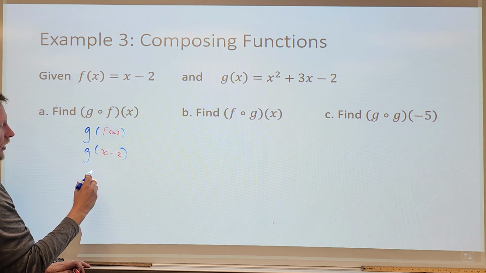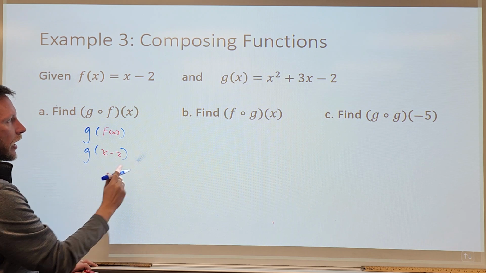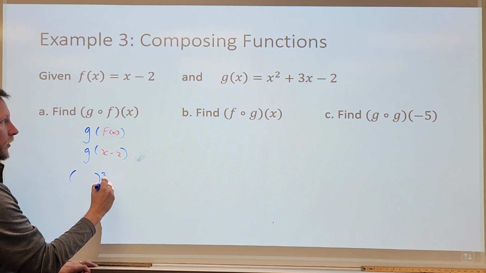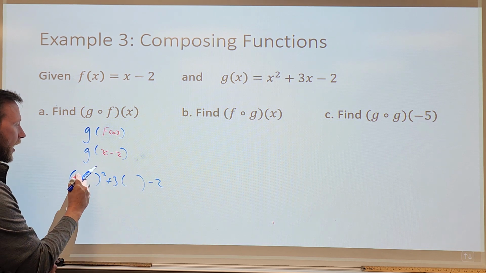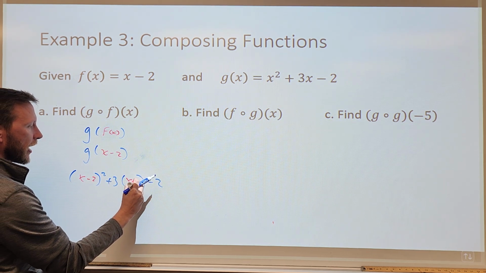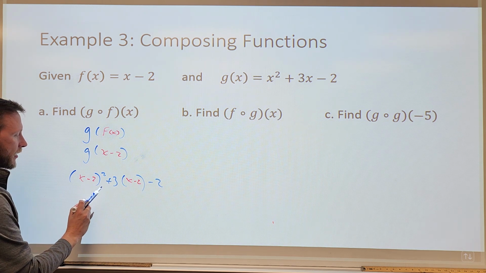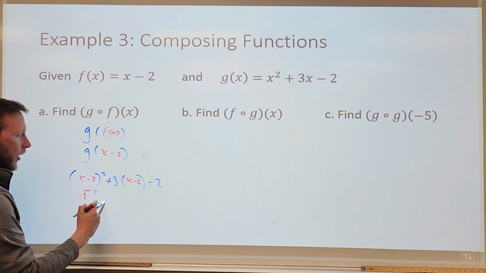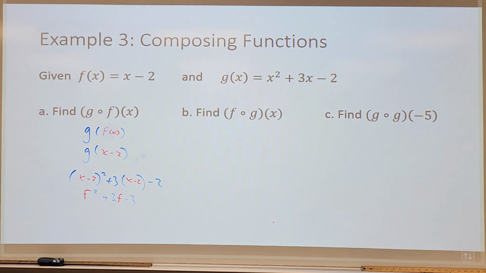And we've already done some of this. This is going to give us the expression x squared plus 3x minus 2, but in place of the x's, we're going to have this expression f of x. Another way to write that is f squared plus 3f minus 2.